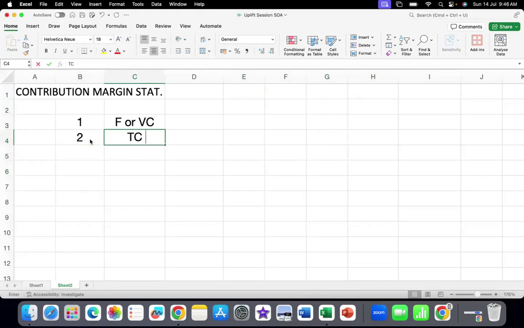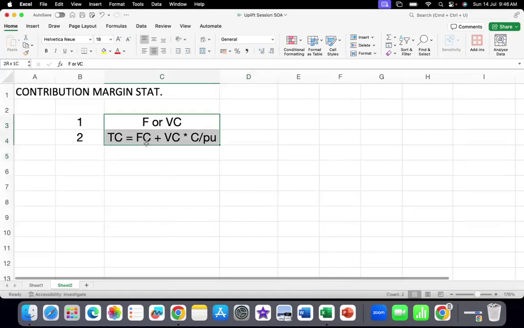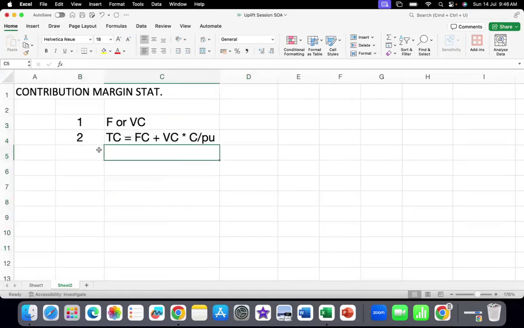Then there was one equation which says the total cost is equal to the fixed cost plus the variable cost multiplied by the cost per unit. So this is your total cost equation, which you again have to remember. How do you calculate your total cost?